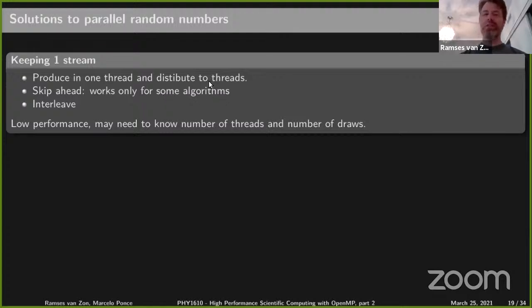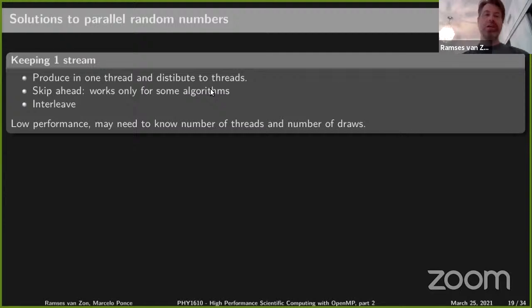The downside there is that you have to know how many random numbers you are going to use in each thread at each step. So if 125,000 is not enough for that thread, you're going to overlap into the set of random numbers that is designed to be for the next thread. And so your independence of your numbers is gone.